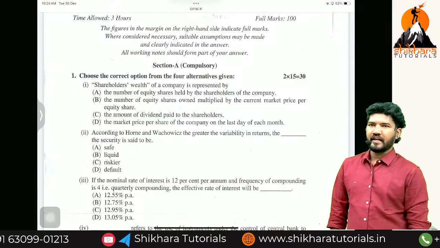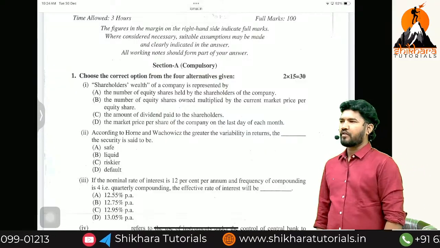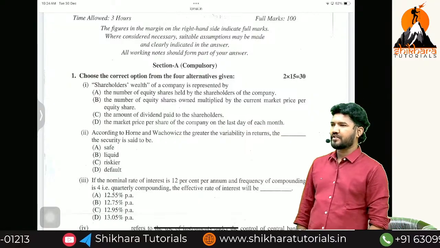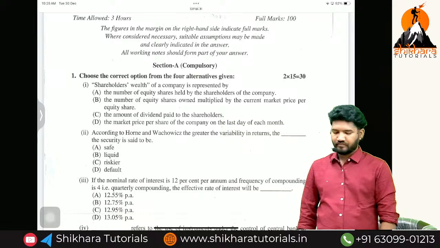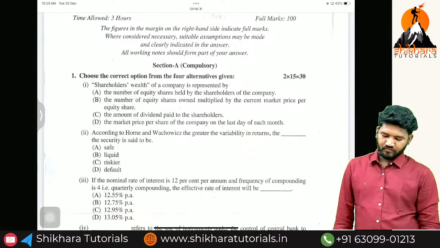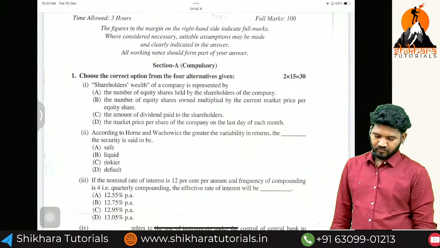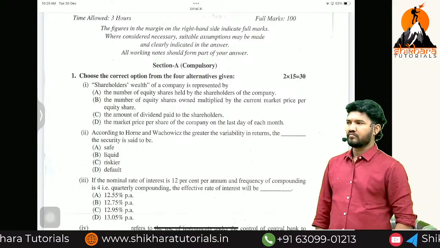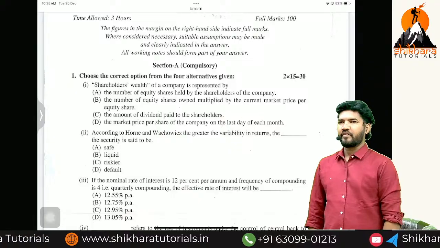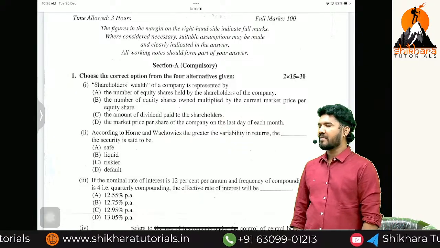In day 1, I explained the difference between profit maximization and wealth maximization. As well, I provided clarity on the difference between equity share capital and equity.